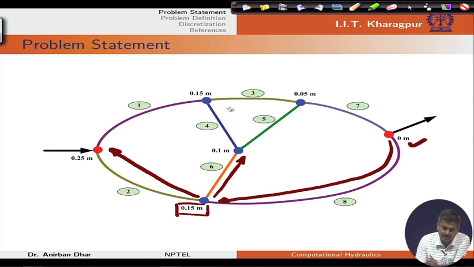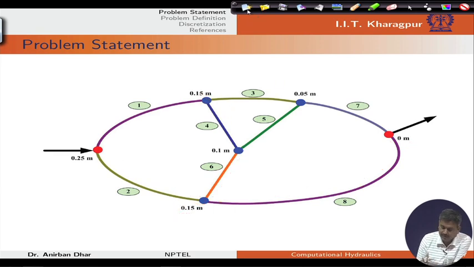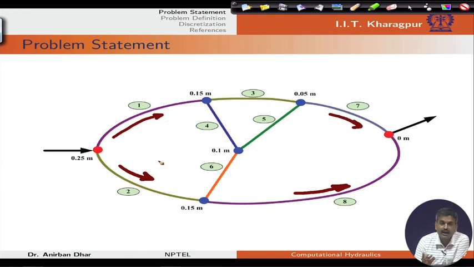Again from this we have, obviously in this case your bed slope is in this direction, it is decreasing, and again for this one it is decreasing in this direction. For one, this is decreasing in this direction. So, these are the natural flow direction as per the slope consideration.